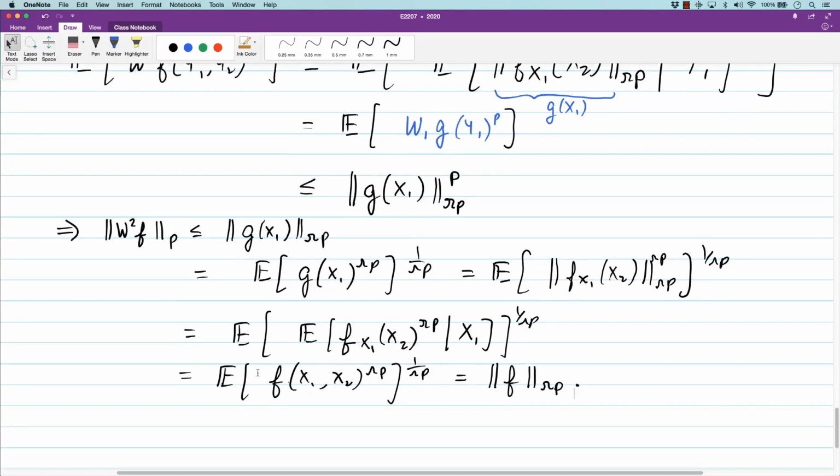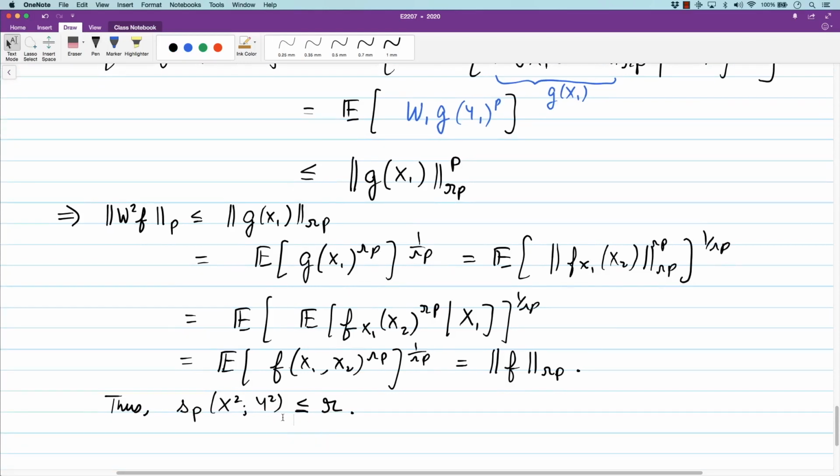And this exactly shows that SP of x2 y2 is also less than or equal to r.